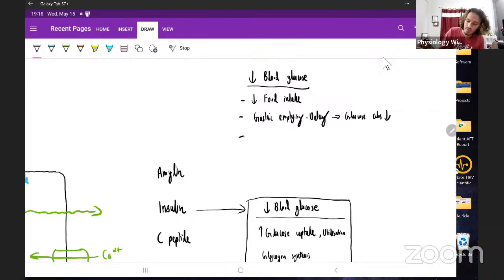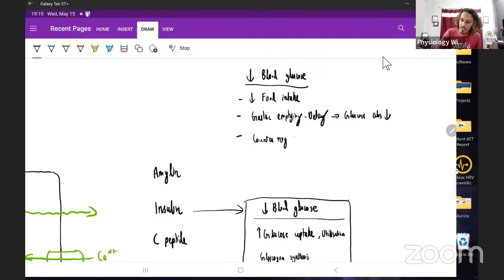And also, there are the counter-regulatory hormones we were talking about before, which serve the exact opposite function. What do counter-regulatory hormones do? They generally try to increase the blood glucose. So counter-regulatory hormone release is decreased.